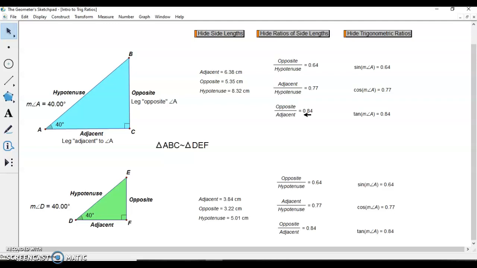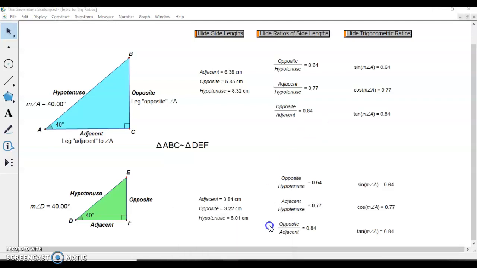I know that any right triangle that has a 40-degree angle, no matter how big it is, if I take its opposite leg and divide it by the hypotenuse, I will always get 0.64. And that's what sine tells me. Sine tells me that for any angle in a right triangle, the opposite leg divided by the hypotenuse has a fixed value. This will all make sense when we start doing some examples, but this is just a big overview.